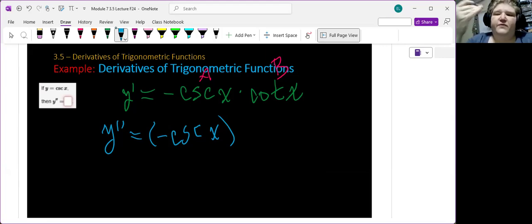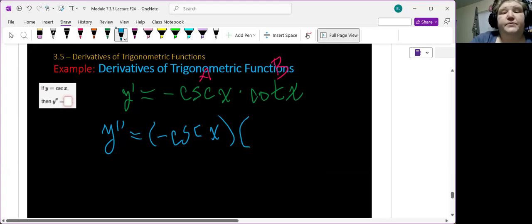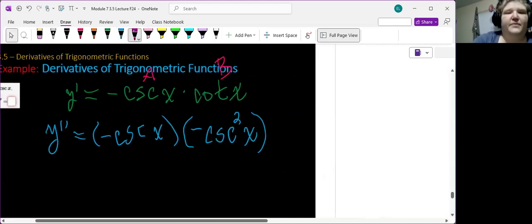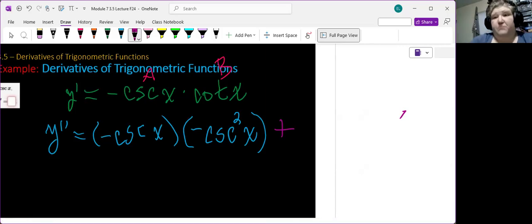So there's our A. So B, cotangent. The derivative of tangent is secant squared. So the derivative of cotangent is cosecant squared, but with a negative. All right, so we kept A, so now we're going to do the derivative of A, which is literally what we just had for y prime because it's cosecant again, but it's with a negative.